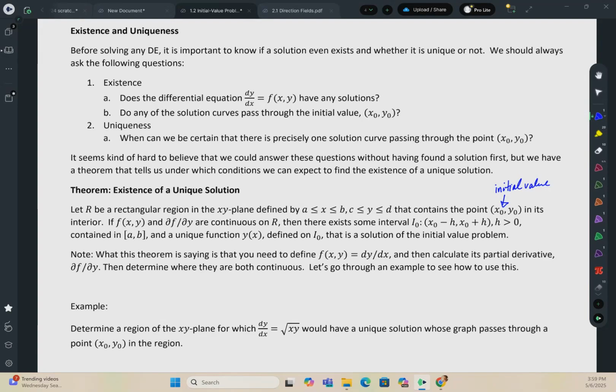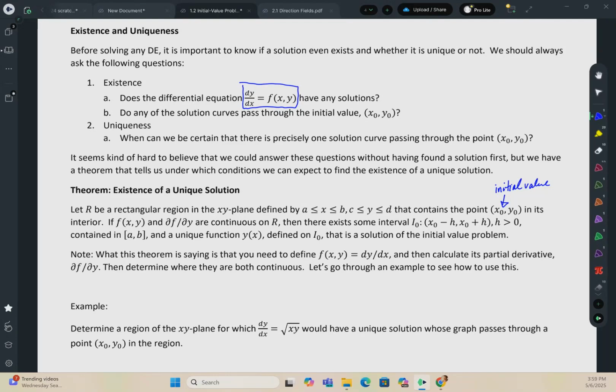Now, f of x y is dy/dx. So we're going to define dy/dx to be some function f of x y. And del f/del y are continuous on the rectangle.